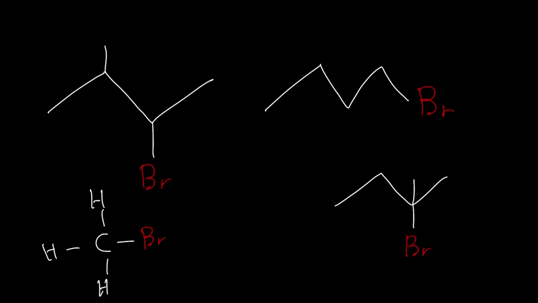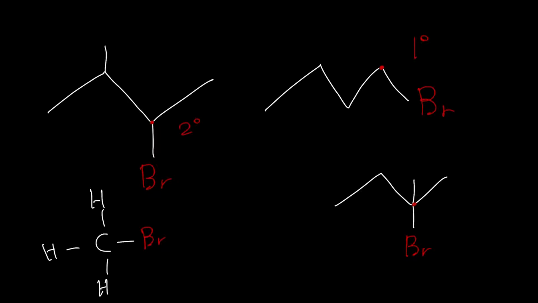So let's examine the carbons that are attached to the bromines. On this top left one, the alkyl halide is attached to a secondary carbon. This carbon is attached to two other carbons, so it's a secondary carbon. On the top right, the bromine is attached to a primary carbon because this carbon is only attached to one other carbon, so it's going to be primary.